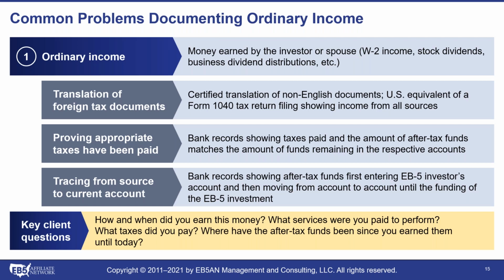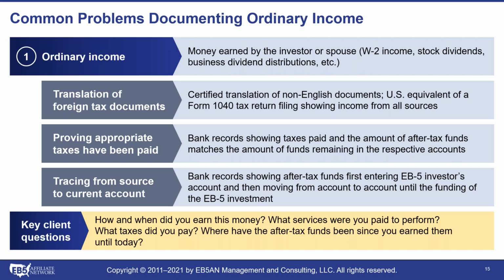And so when it comes to ordinary income, money that you've earned as employment, or if you have dividend distributions from your company or from ownership in other companies, they're going to want to see certain documents.